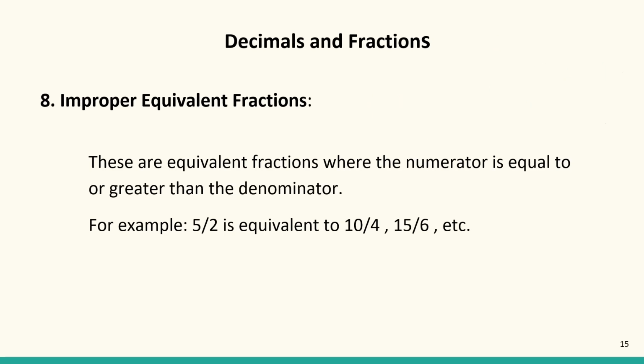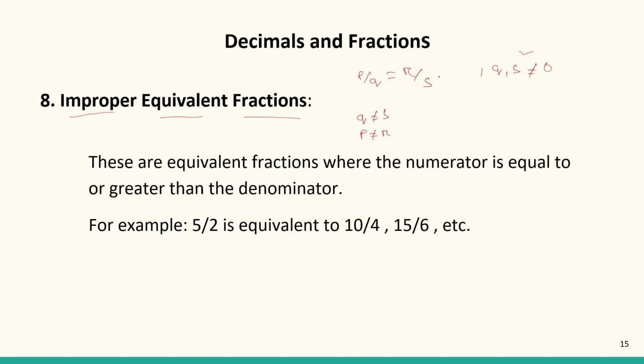Let's see the eighth kind of fraction, called improper equivalent fractions. These are equivalent fractions where the numerator is equal to or greater than the denominator. So we have p by q equal to r by s, q is not equal to s, p is not equal to r, and q and s are not equal to 0. You know the reason why.